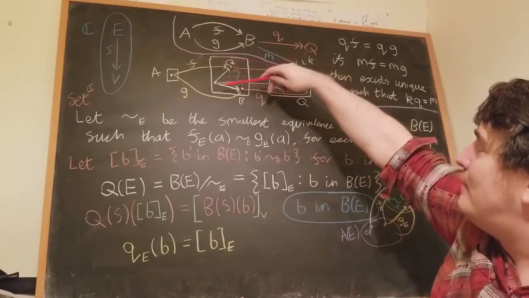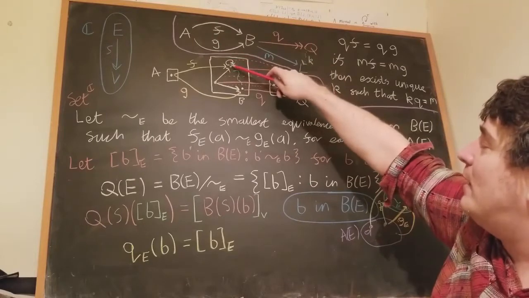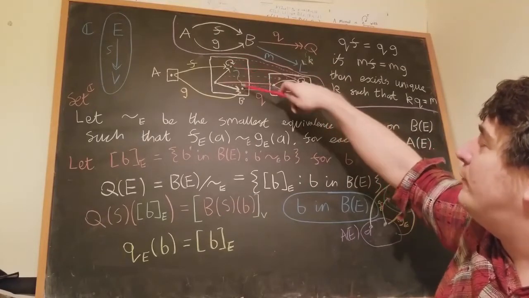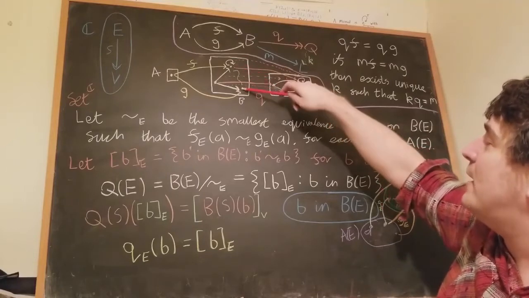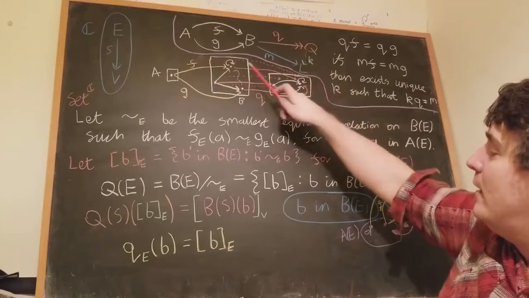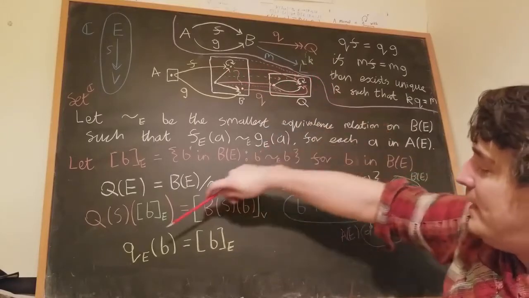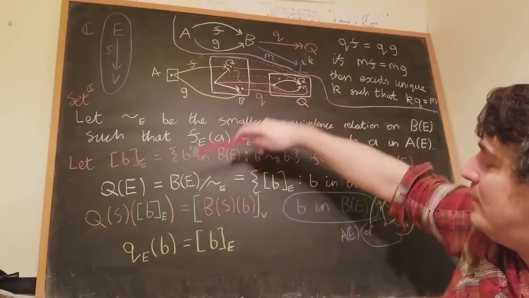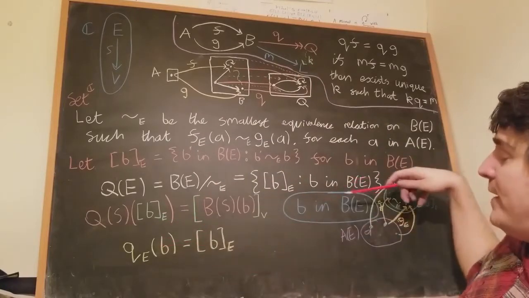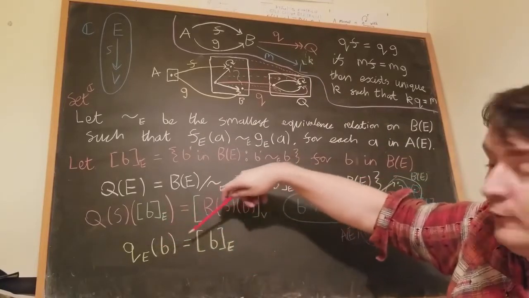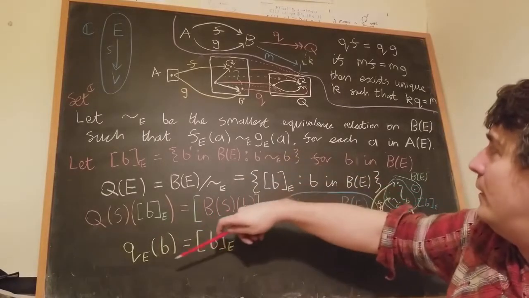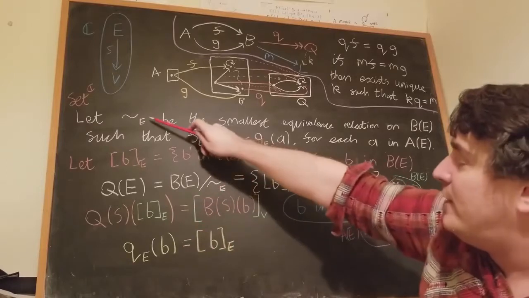So formally, we'd say these two vertices are going to be equivalent to each other. And so Q here is basically sending an element B in B of E to the equivalence class that it's sent to with this tilde E thing.